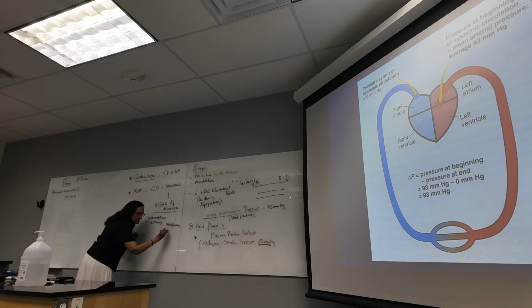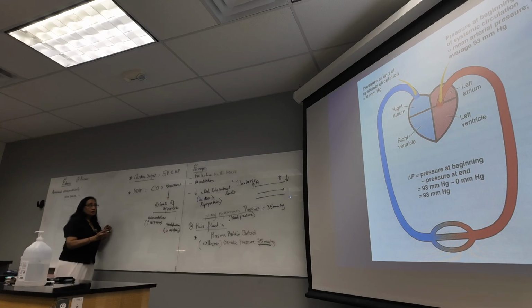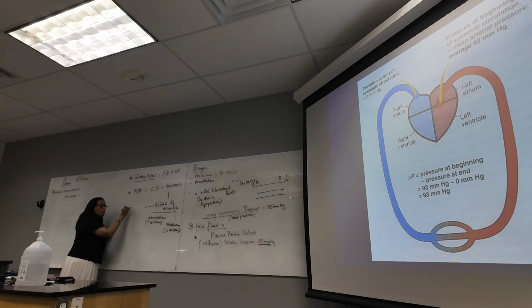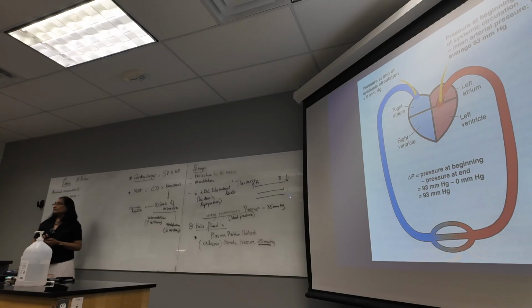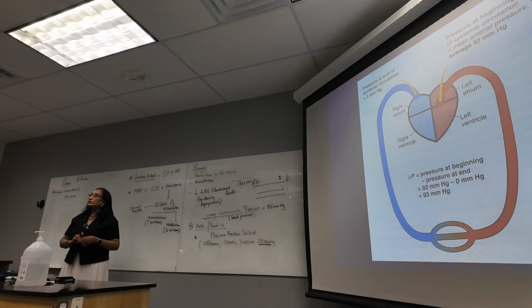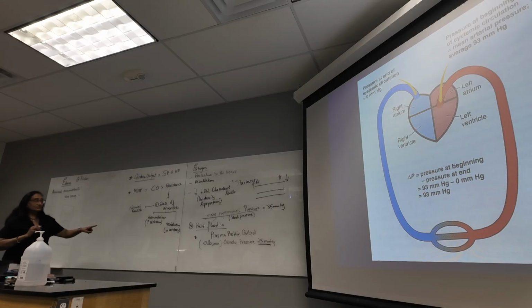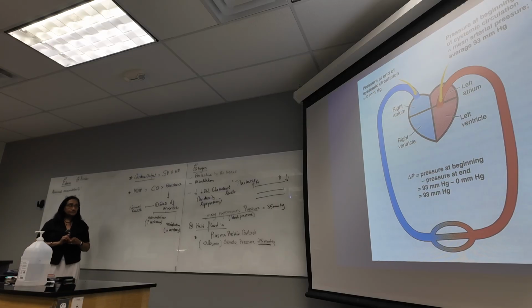Vasodilation will decrease resistance and make it easier for the blood to flow. So this is the most important factor in normal health. In normal healthy conditions, the state of the arterioles will determine what your pressure is, whether the heart has to work harder or whether it is easier for the heart to pump the blood.